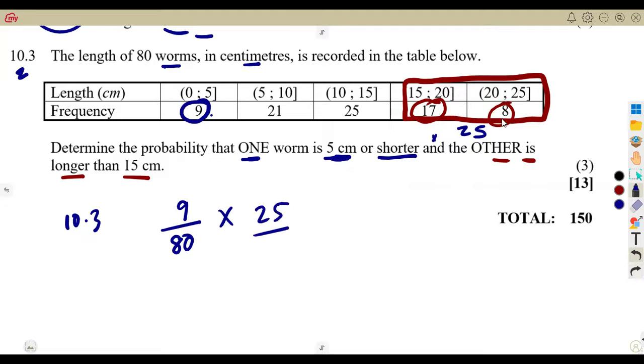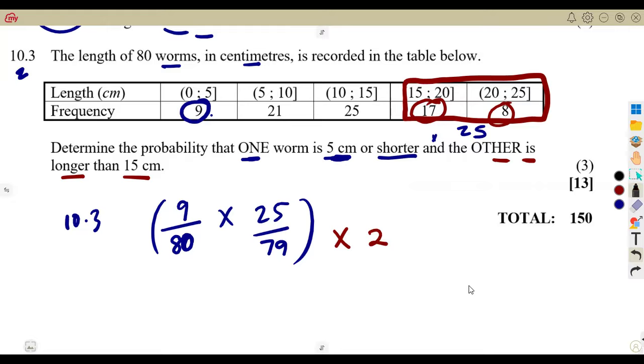But we are picking from another interval after we have picked from this one, so the total is going to be affected. It's like without replacement, so it's going to be 79. They were 80 before, so we have removed 1. They are now 79. So you're going to multiply this by another one, starting with 25.